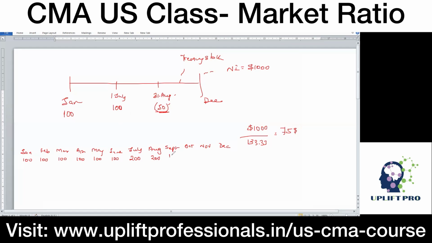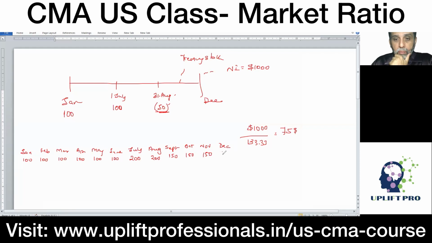Yes, you will have 150 shares, 150, 150, 150, 150 until December. Now, what I want you to do is take the average of all these, add it all up and divide it by 12. That's how you take the average, is it not? Just do that, please, and tell me what you get.